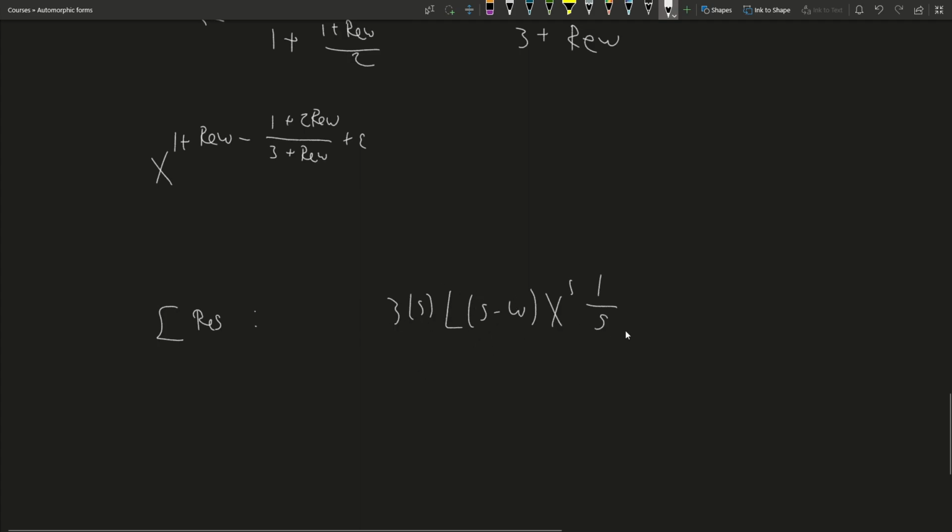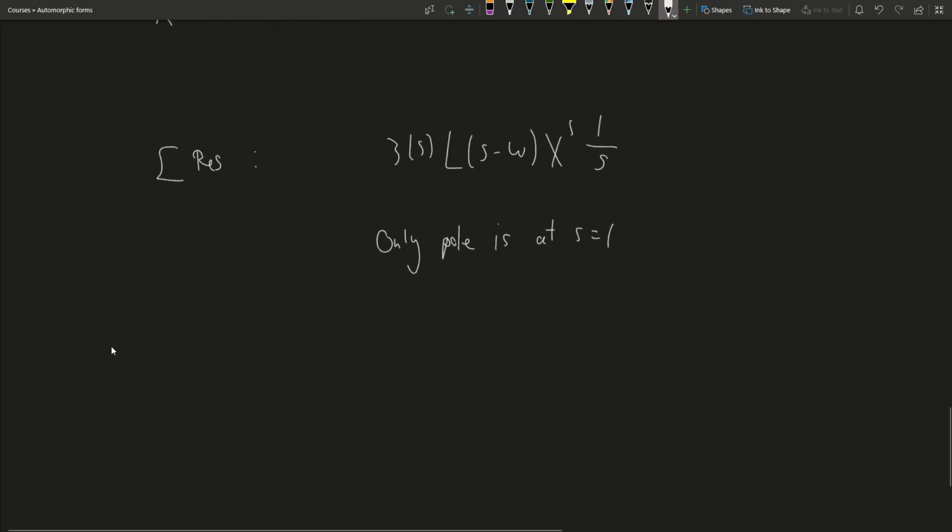So in this region, the only pole is at s equals 1, right, where the zeta function has a pole there.